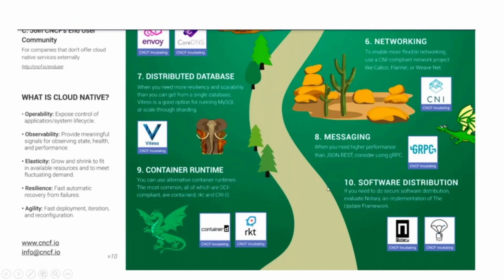For us, these last two here are really important. So the container runtime, this is about what Kubernetes is using to run your containers or how your cluster's set up. But software distribution, this is the big one for HCL. How do we actually deploy containerized versions of HCL software to end users?